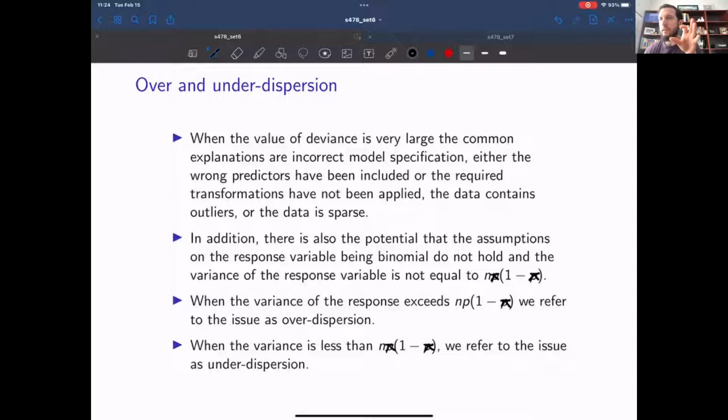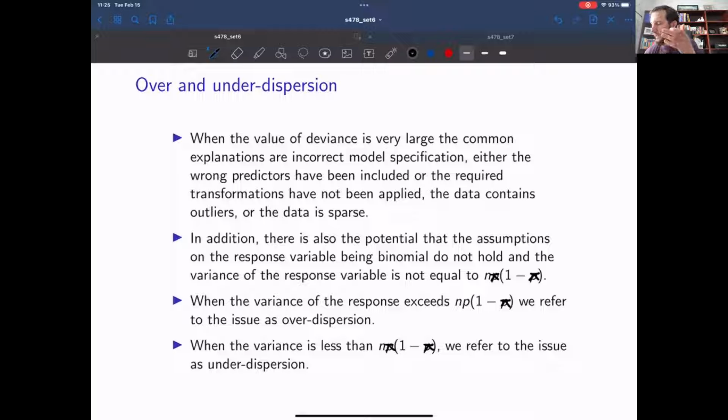Now, I've mentioned, sparsely, at a couple of different points, that the deviance is giving us no evidence to suggest we need the maximal model, but we actually want the deviance to be close to the degrees of freedom.